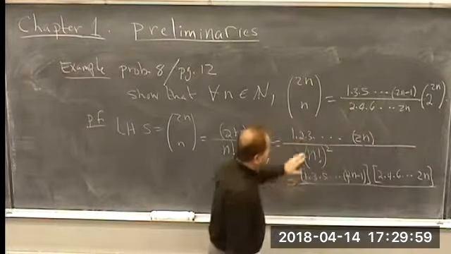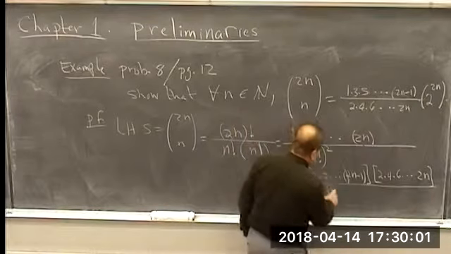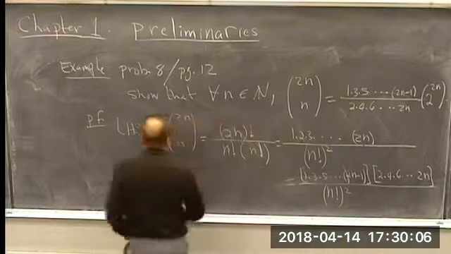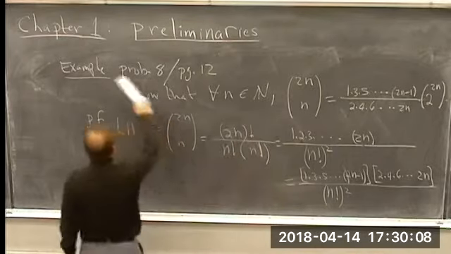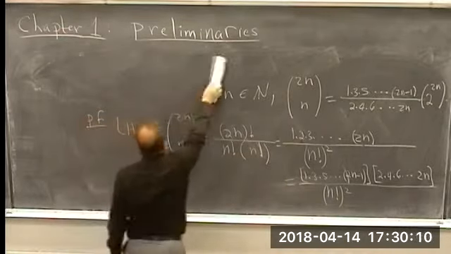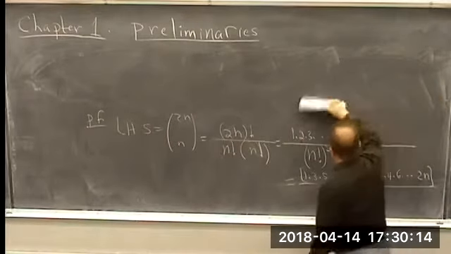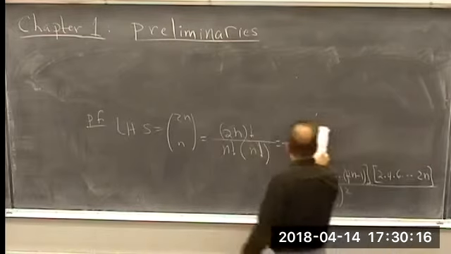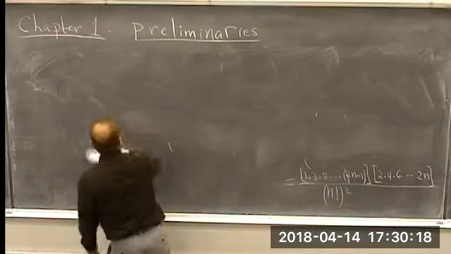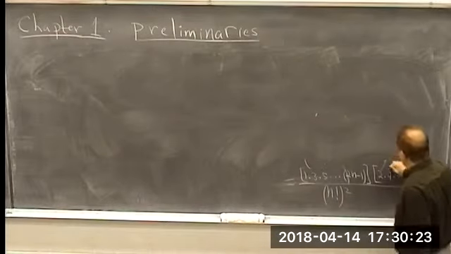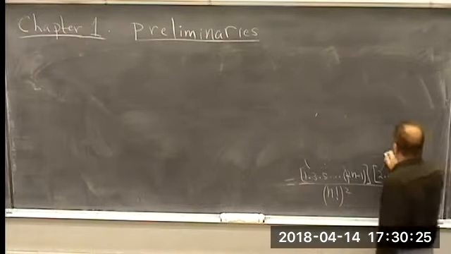All right? And the denominator is going to be n factorial squared. The second factor has each of its terms, each of its subfactors, with a 2 in it. So in here, each one of these has a 2, and I want to factor a 2 out of this.